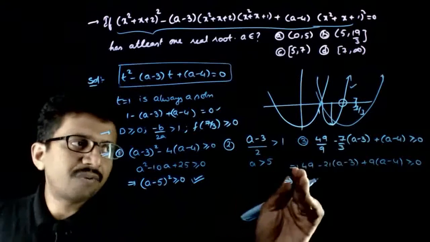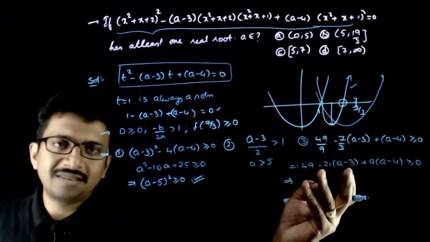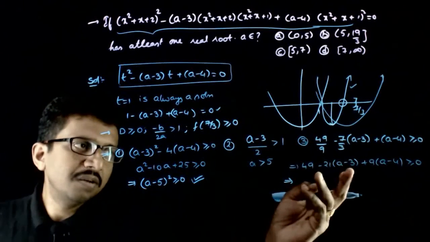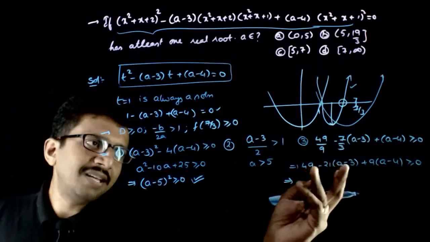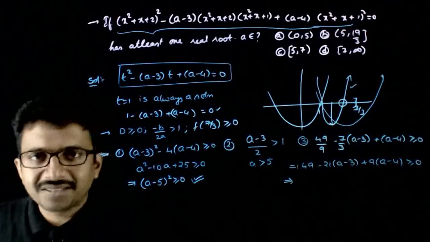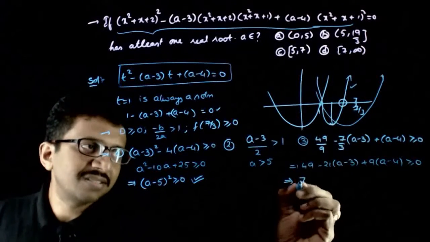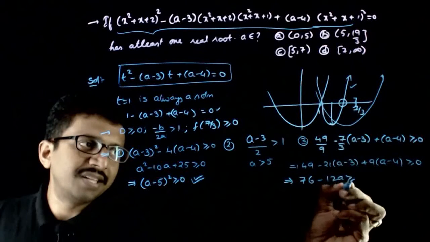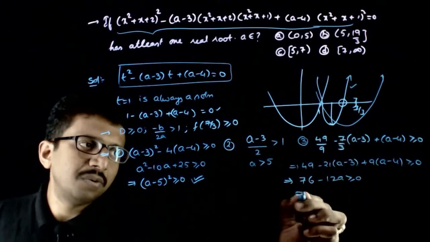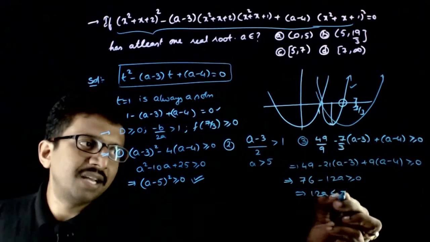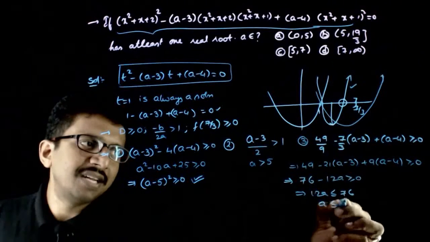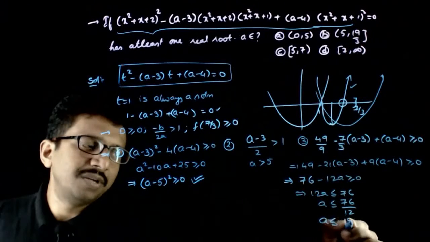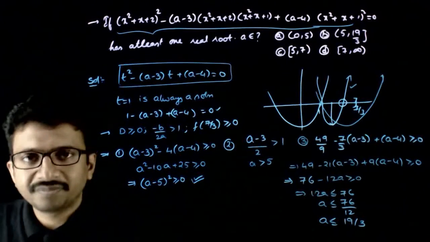This implies 49 plus 63 minus 36, that is 76, minus 21a plus 9a, minus 12a is greater than or equal to 0. So 12a is less than or equal to 76, a is less than or equal to 76 by 12, that is a is less than or equal to 19 by 3.